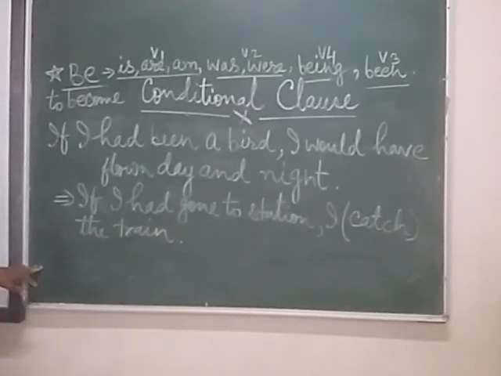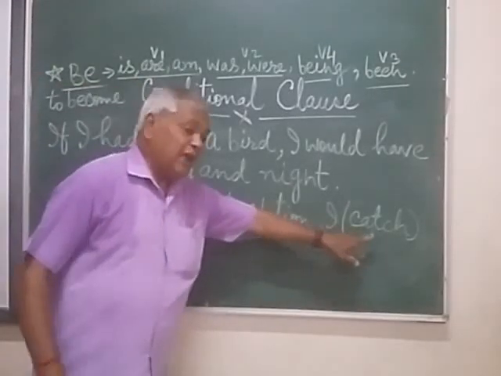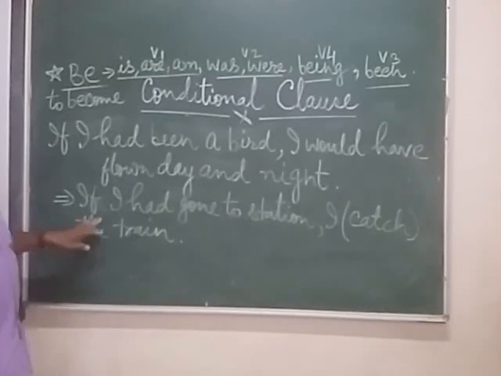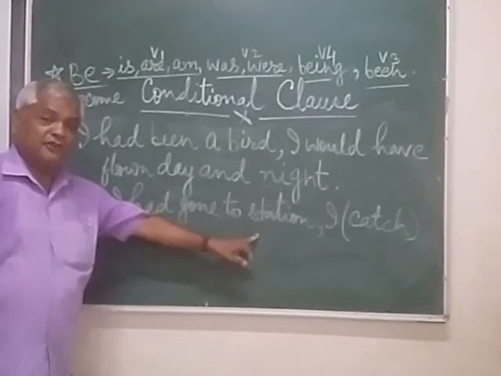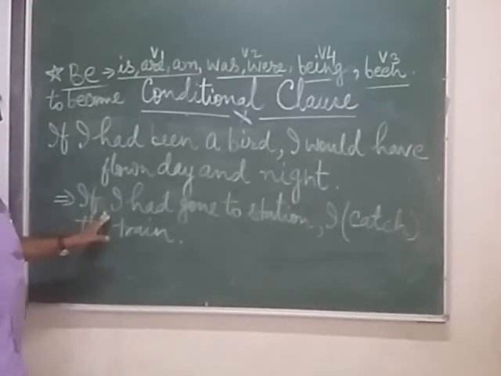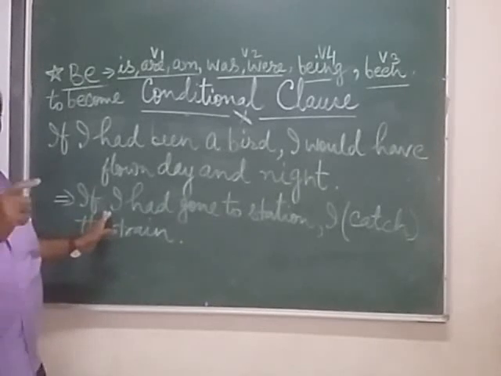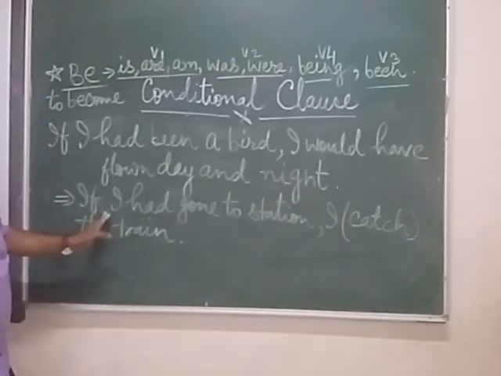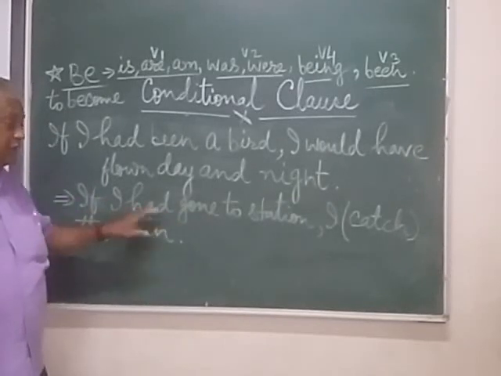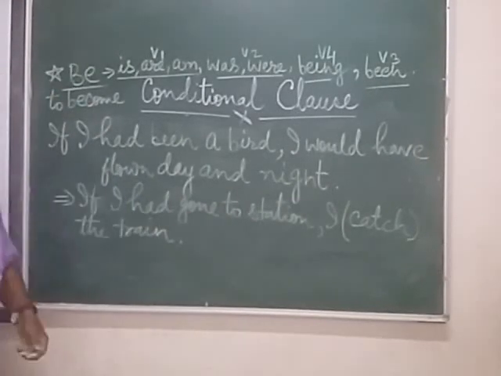So here that one hint you have been given, and another one that into the bracket that you have been given. So if I had gone to station, this is your hint, and you have to understand that this sentence belongs to which tense. So here that you are looking, had gone, that is had plus V3, this is from past perfect.